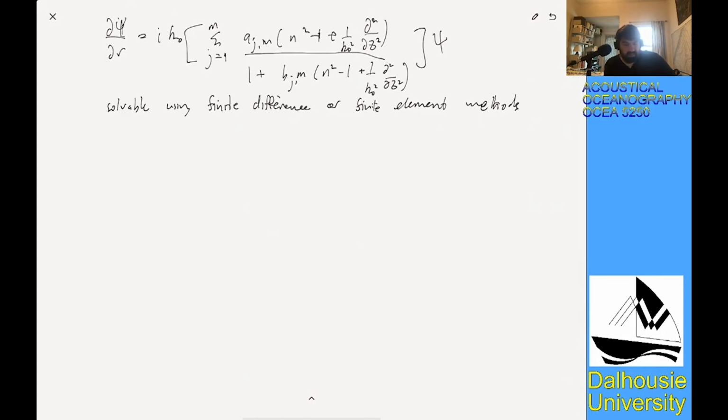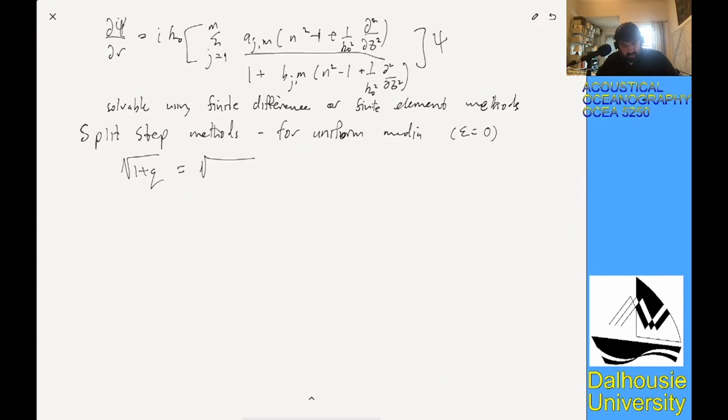Now, there's been some improvement since then, and that is known as the split step. This is for a uniform medium, in other words, epsilon equals 0. We can say we have our 1 plus q.